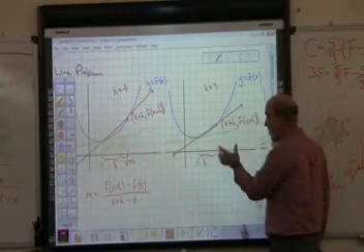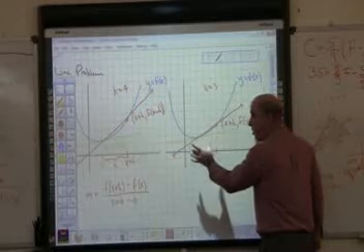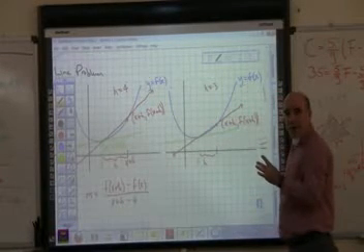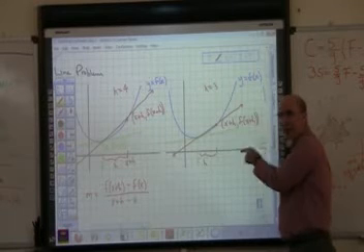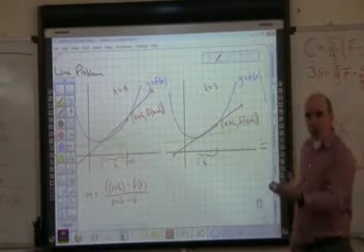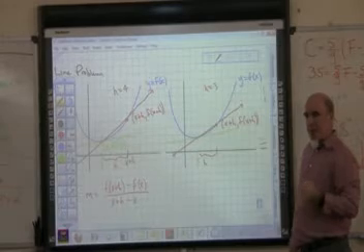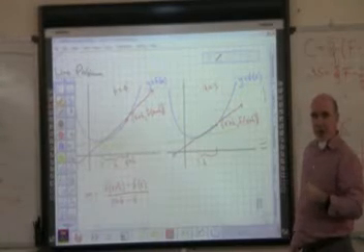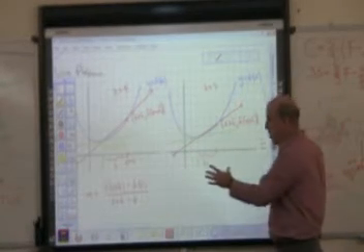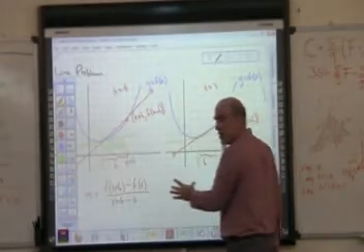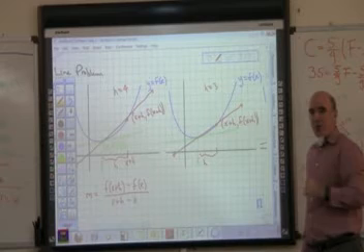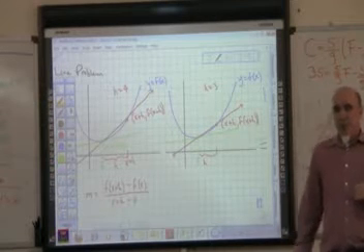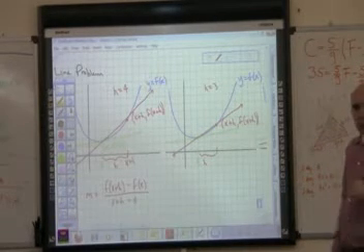I still have the same formula for slope. My slope is still f of x plus h minus f of x over x plus h minus x, which is h. I still have this same formula. It's just that now the evaluation is when my h value is 3 instead of 4.